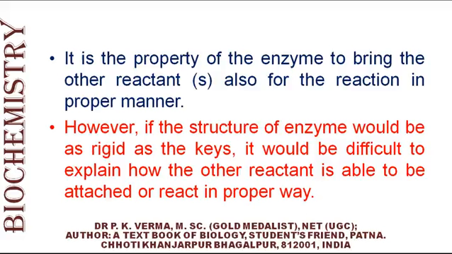Practically, it is seen that at first one substrate comes to the enzyme, then another substrate comes to the enzyme. It means attachment of the second substrate is possible only after attachment of the first substrate. If the structure is rigid, either of the two, A or B, can be attached to the active site at first.